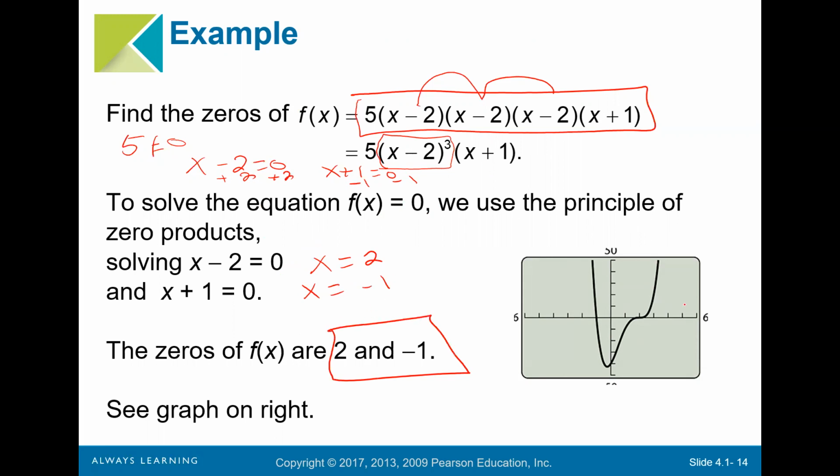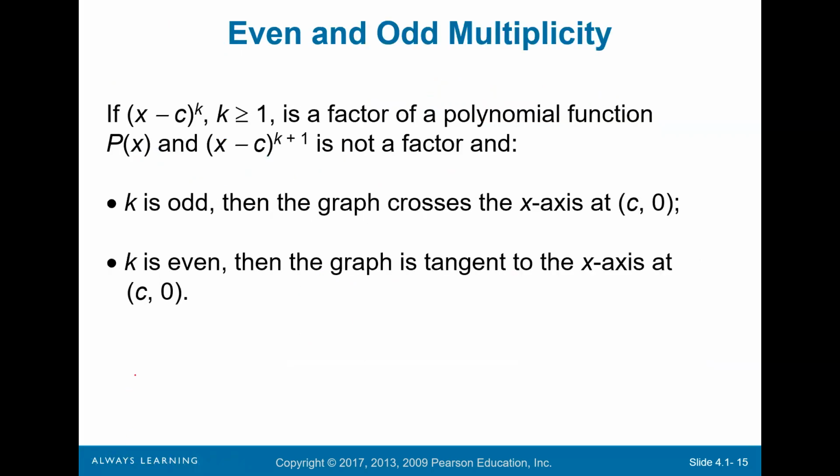However, this cube is telling me that something is going on where x equals 2. And notice that it's kind of wild looking. All right, this next slide is just explaining that if (x minus c) raised to k, and k is greater than or equal to 1, so it cannot be 0 and it cannot be a negative number, is a factor of a polynomial function p of x.